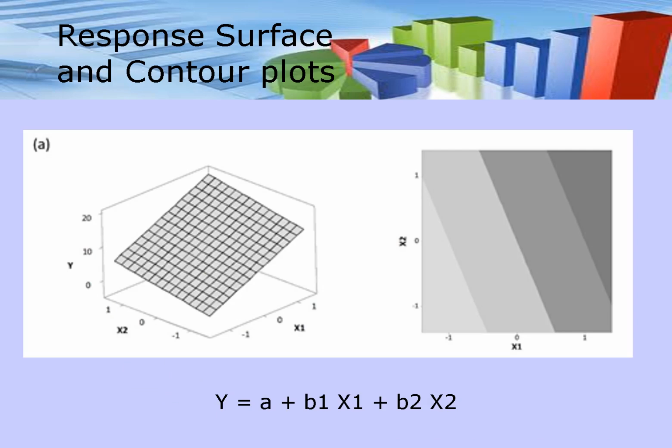The relationship between the response and the study factors may be expressed in a 3D response surface plot or in a contour plot. When the regression equation considers only linear terms, the response surface corresponds to a plane surface.